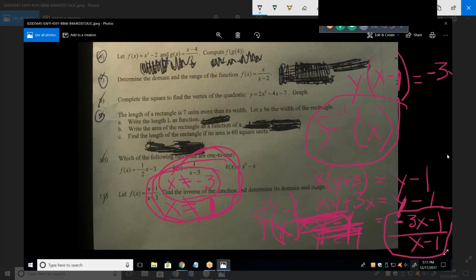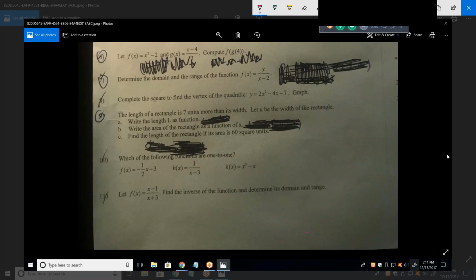Now, range. If I look at that as being hyperbolic in nature, then the range is not necessarily going to be all real numbers. There's going to be a horizontal asymptote where? Not at -1.